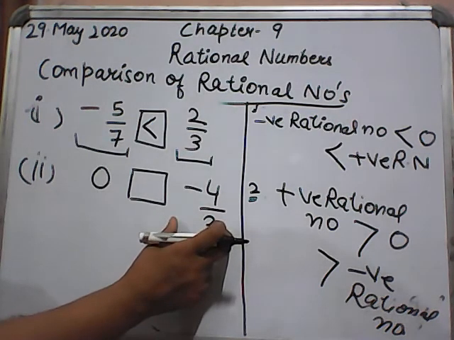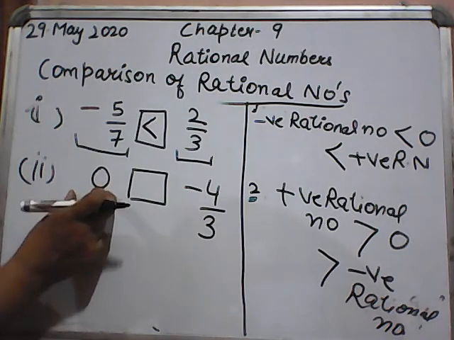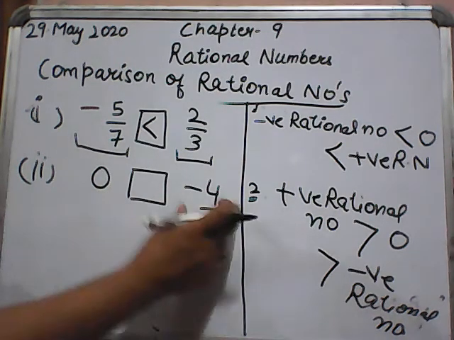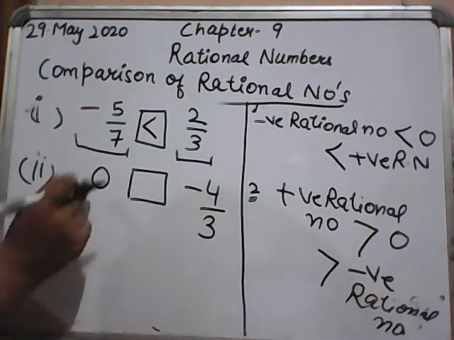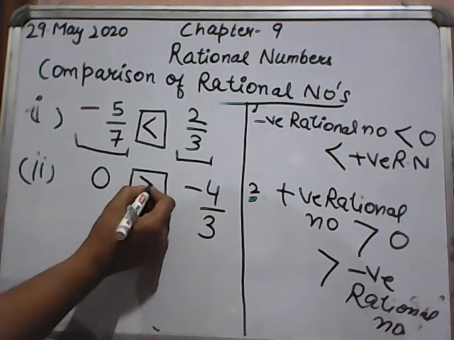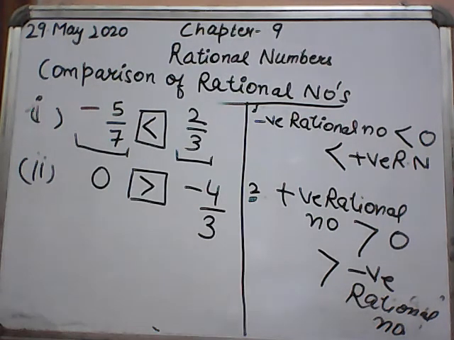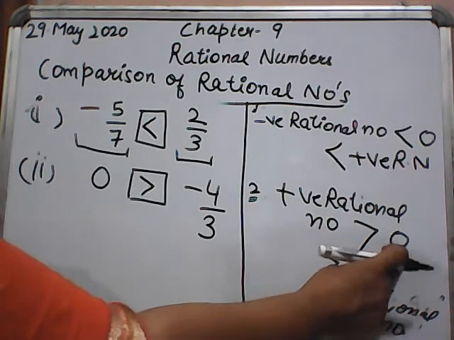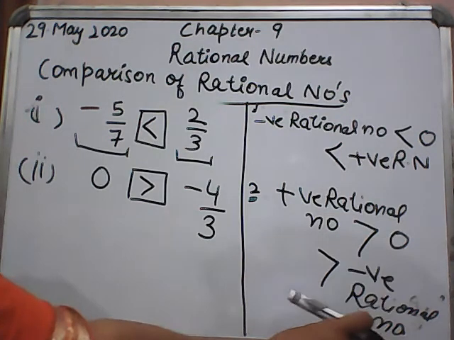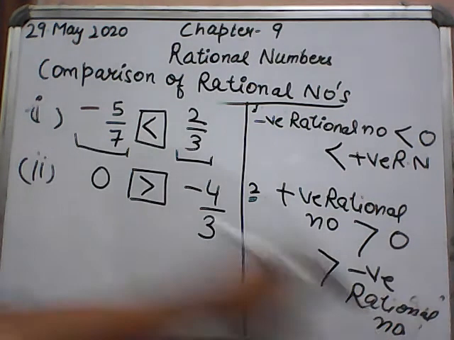A negative rational number lies to the left of 0, or you can say 0 lies to the right side of a negative rational number. That's why 0 is always greater than a negative rational number.